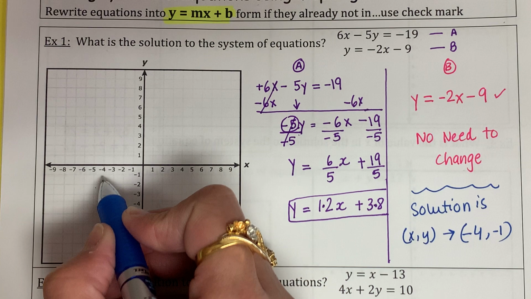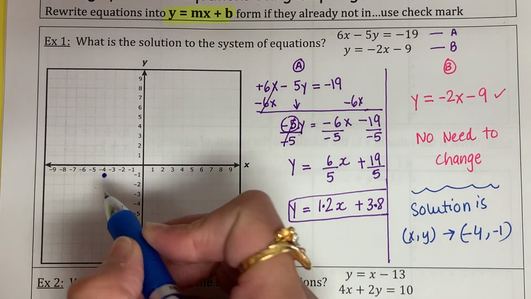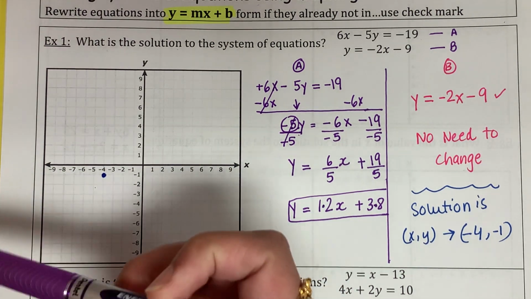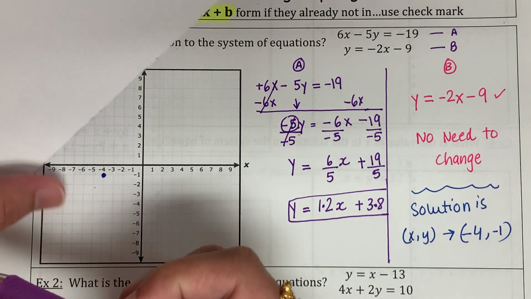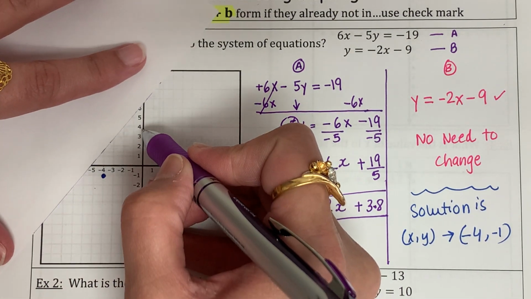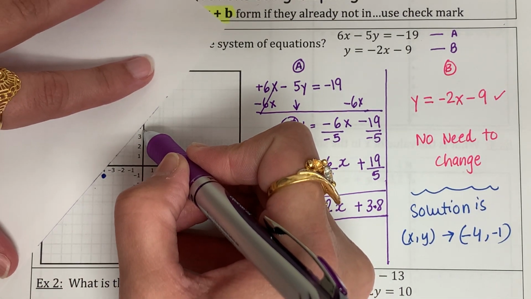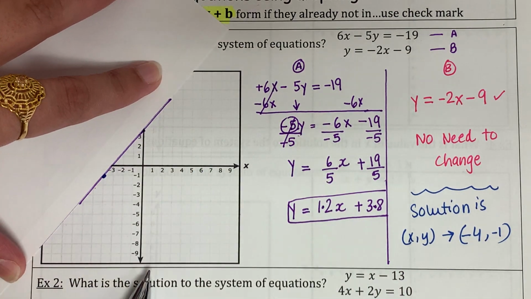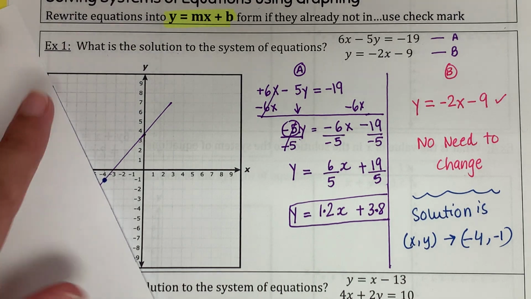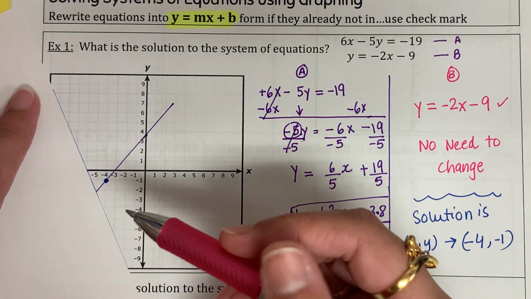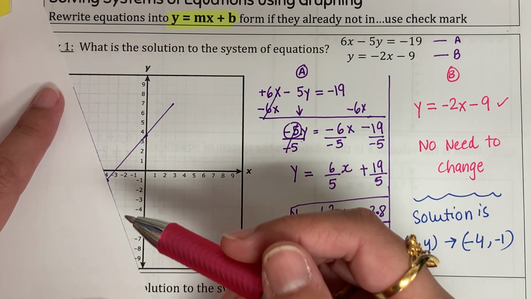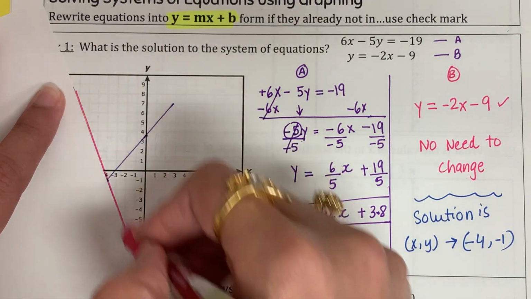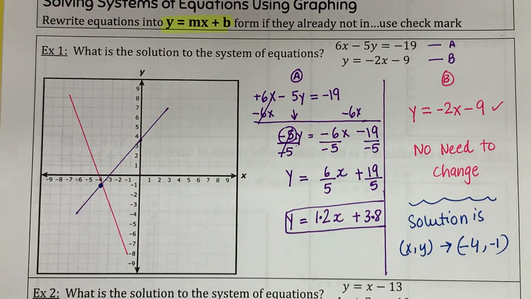So it should be here. Your first line is going here, and the second line is going that direction. And that's it. That's my answer.